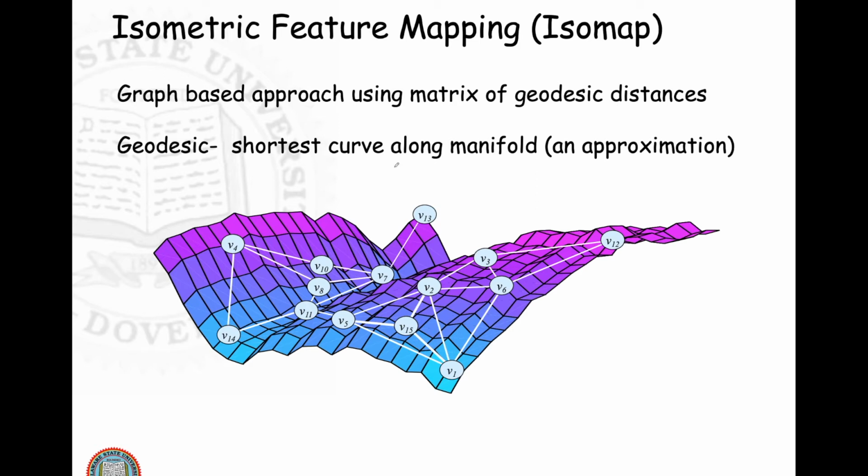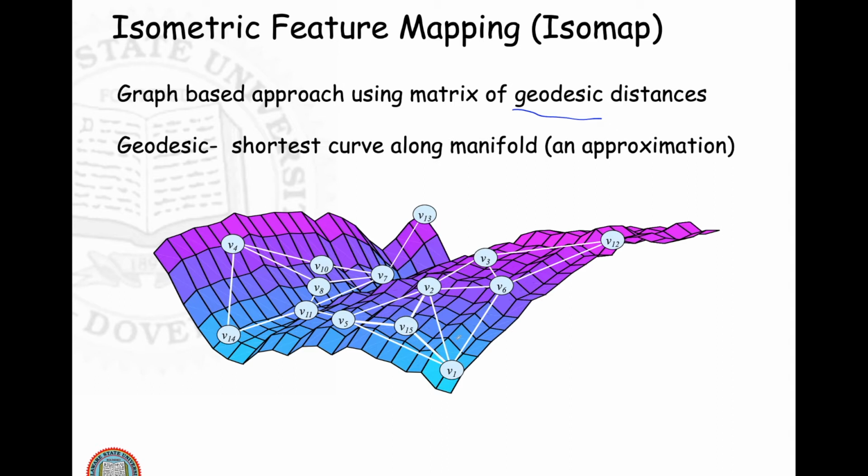We talked about isometric feature mapping, or Isomap, and it's a graph-based approach based on the idea of geodesic distances, geodesic meaning respecting the relative local neighborhoods among the points or values that you have. This geodesic represents the shortest curve along the manifold, and it's an approximation of the ground truth surface or manifold.